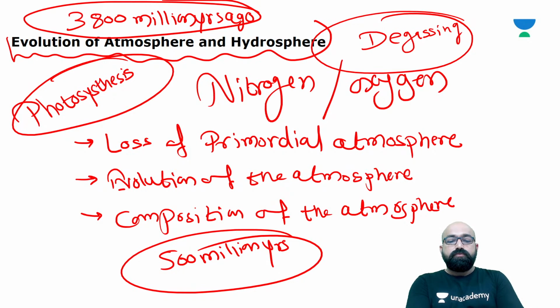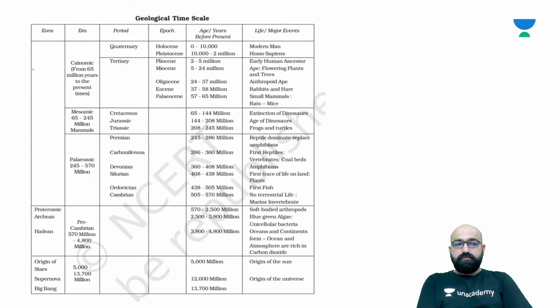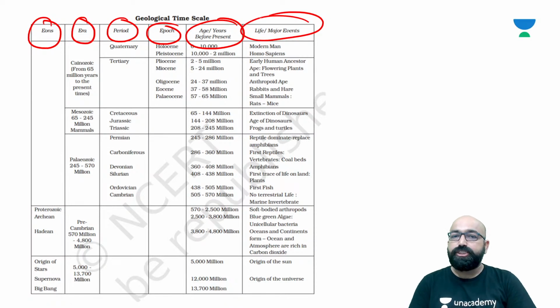Now, when we are talking about the geological time scale, the columns are eons, era, period, epoch, age or years before present, and life or major events.